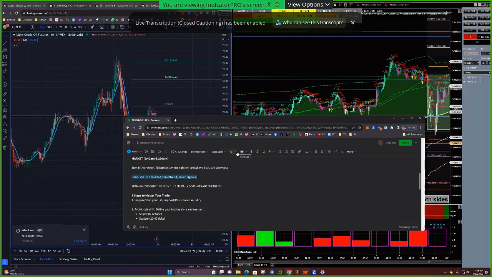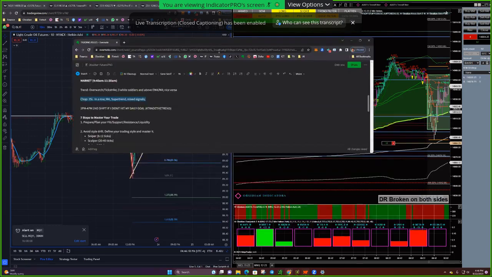The issue with the chop filter is that it filters out as many good trades as bad trades, but on certain days it can really save your ass. Typically, you'll get chopped up a little bit, but once it makes that larger move, you may miss it using a chop filter. So I have to weigh it in and out, but a lot of people have requested it, so I'm going to throw it in there, I guess.